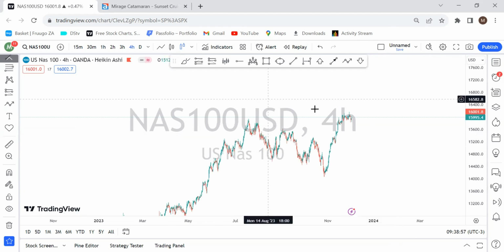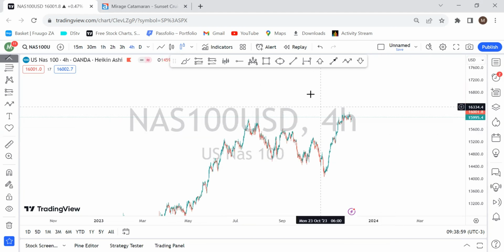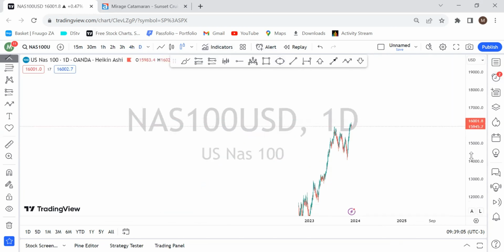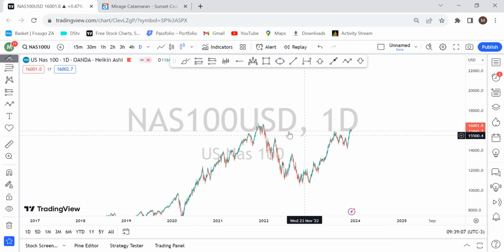But you can see we're having these nice highs, but then if we go to the daily time frame, you can see we're nearly close to the previous high, like the highest.